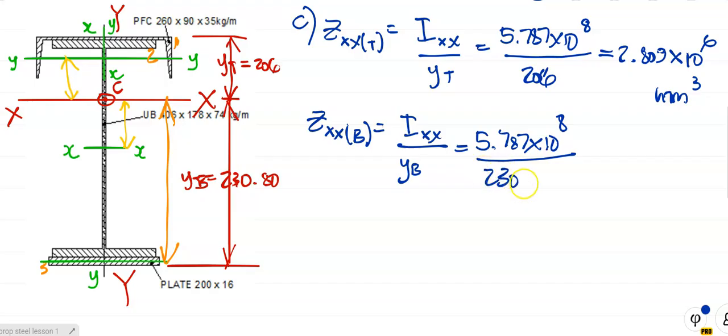Work out the answer yourself and check your answer against my answer. You should have gotten 2.507 times 10 to the power 6 millimeters cubed.